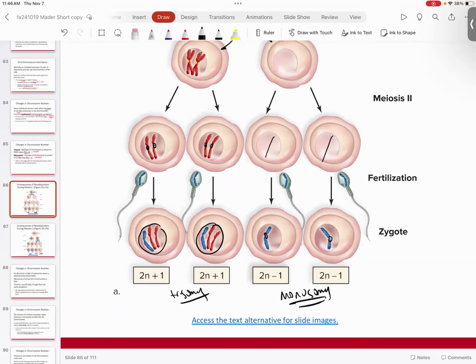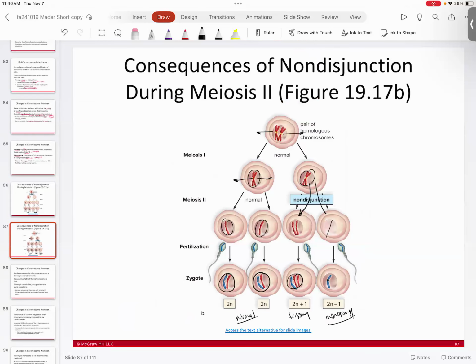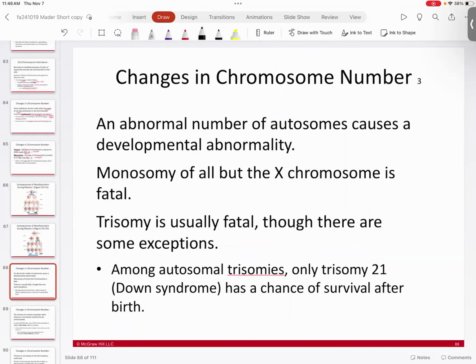More than likely, this individual will probably experience a high rate of miscarriage, because a lot of times first trimester miscarriages are mostly because of abnormalities in chromosome number. So an abnormal number of autosomes typically will create a lot of abnormalities. Monosomies of pretty much all the chromosomes are pretty lethal.